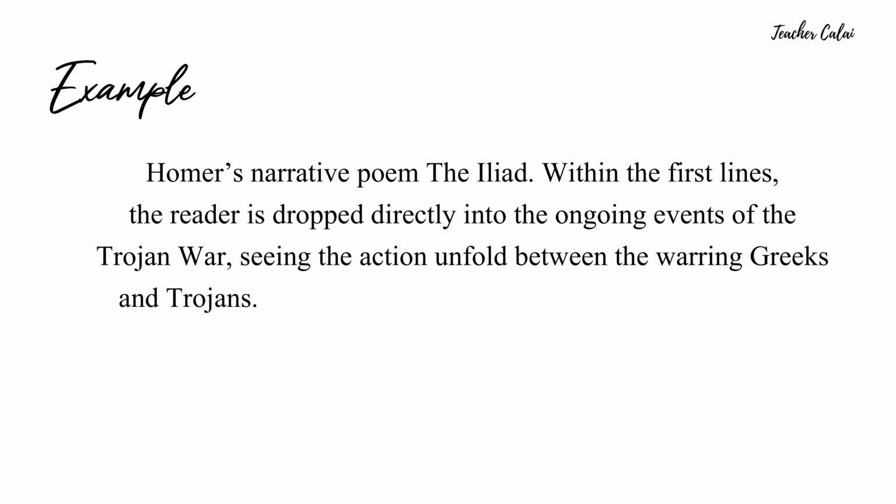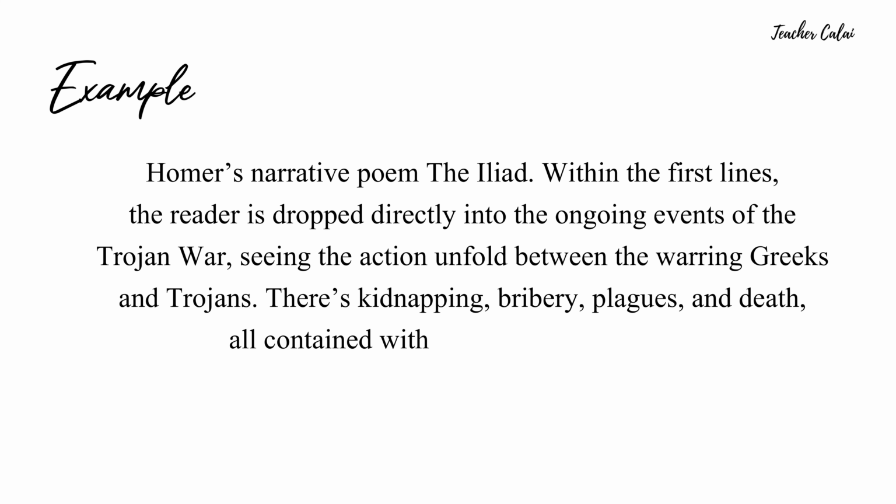Within the first lines of this poem, the reader is dropped directly into the ongoing events of the Trojan War, seeing the action unfold between the warring Greeks and Trojans. There's kidnapping, bribery, plagues, and death, all contained within the initial first scenes.